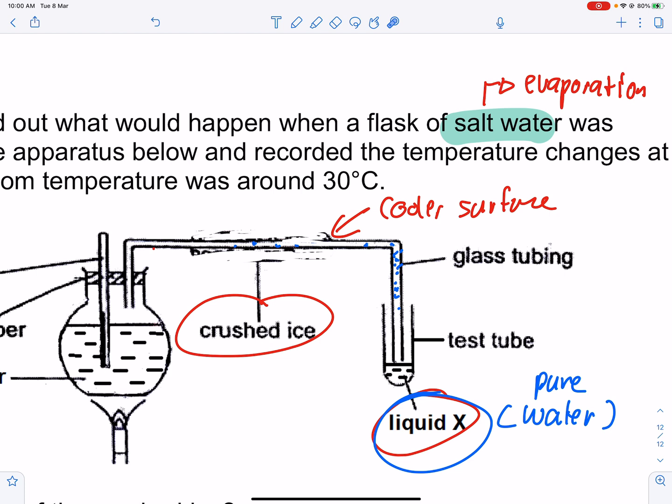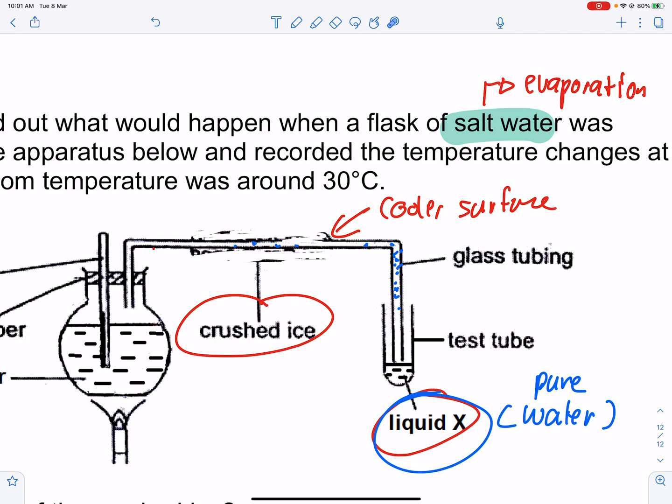Yes. So basically, you need to tell me that the crushed ice is to make the glass tubing cooler, and therefore increasing rate of condensation. The whole point is to increase condensation and not to allow condensation to happen, because with or without the crushed ice, condensation will still happen, because the temperature of your glass tubing is still going to be cooler than the temperature somewhere here, right?